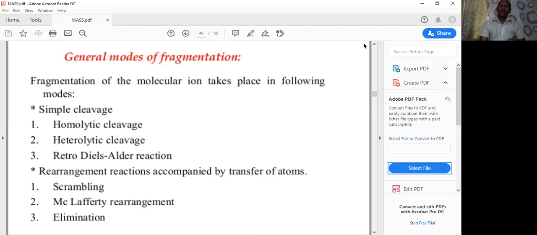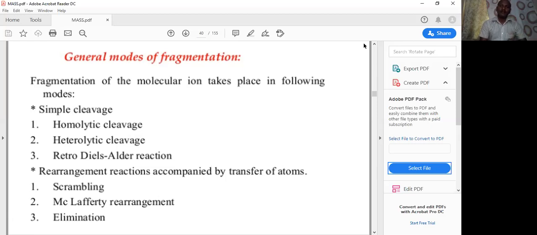By these processes, the molecular ion may undergo fragmentation to give various fragments. These fragments can be charged, or they can be neutral, or they can be radicals.